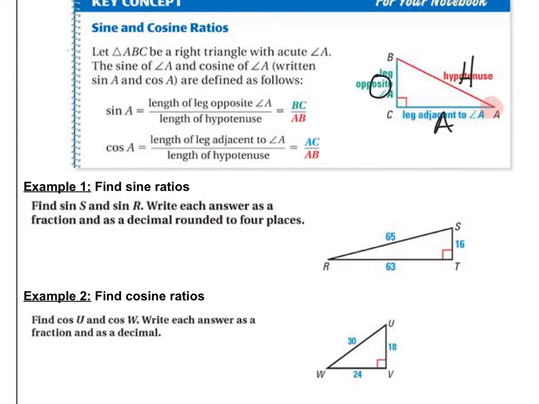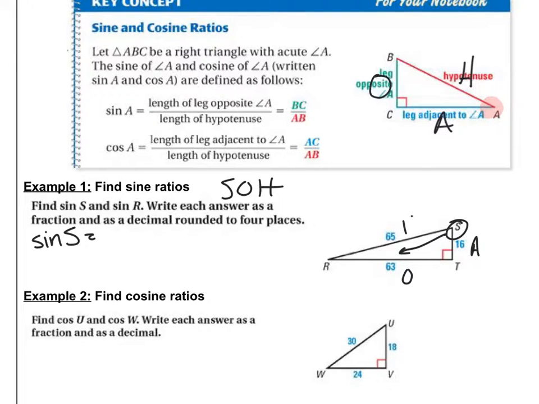The first one we're going to deal with is the sine ratios. We're going to do the sine of S and the sine of R. Remember sine is SOH: O is the opposite, H is the hypotenuse. When we're talking about S, you go across from it for the opposite, and right next to it is the adjacent.